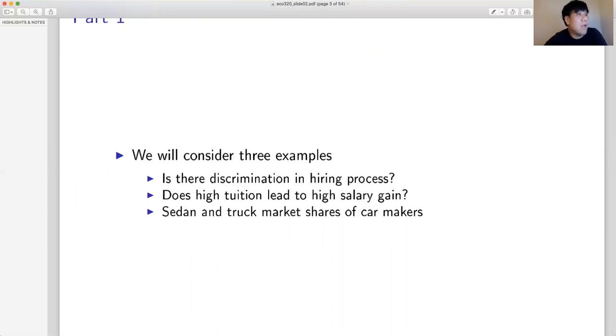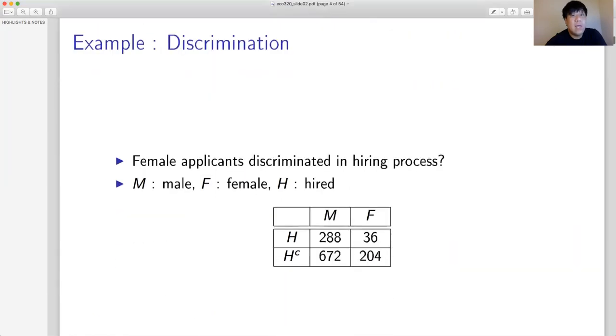Actually, the answer can be found using conditional probability. For example, if somebody is paying higher tuition, are they going to earn more money? That is the kind of economic question we can think of. The third question is about the sedan and truck market share of car makers. That is something we're going to learn today.